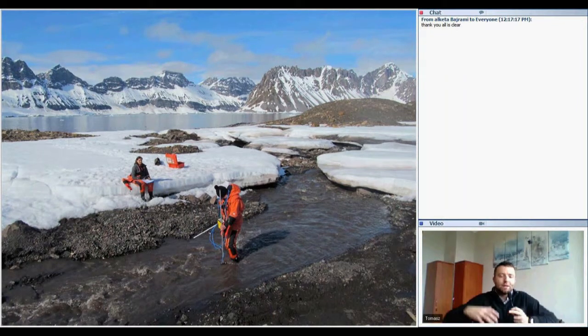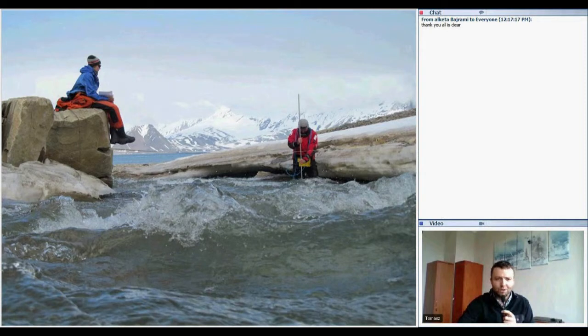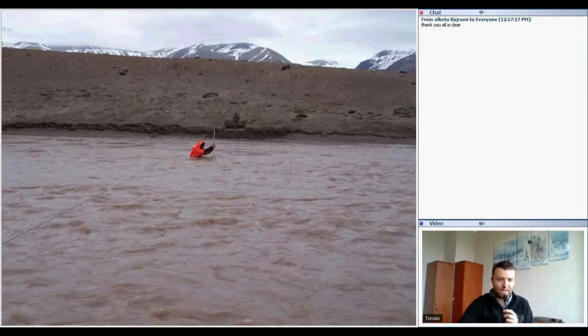During summer, when the water melts, so there is river runoff, we measure this runoff on different rivers. So you can see the cross-section of the river and measurement at different points, just to get the exact volume of water that flows through the cross-section.